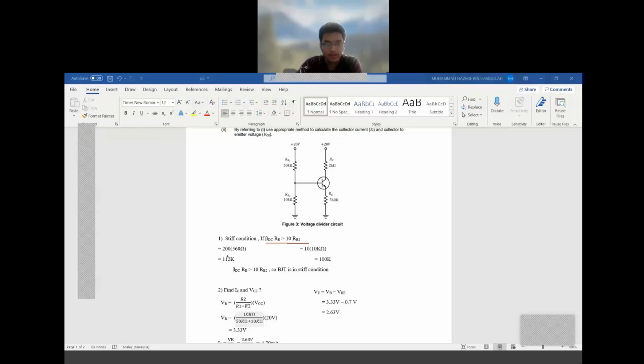So we insert the values of gain DC and resistor emitter, we can get 112k, and 10 times RB2 equal to 100k. So based on these values, we can know that DC gain times RE is greater than 10 times RB2. So this BJT is in stiff condition.